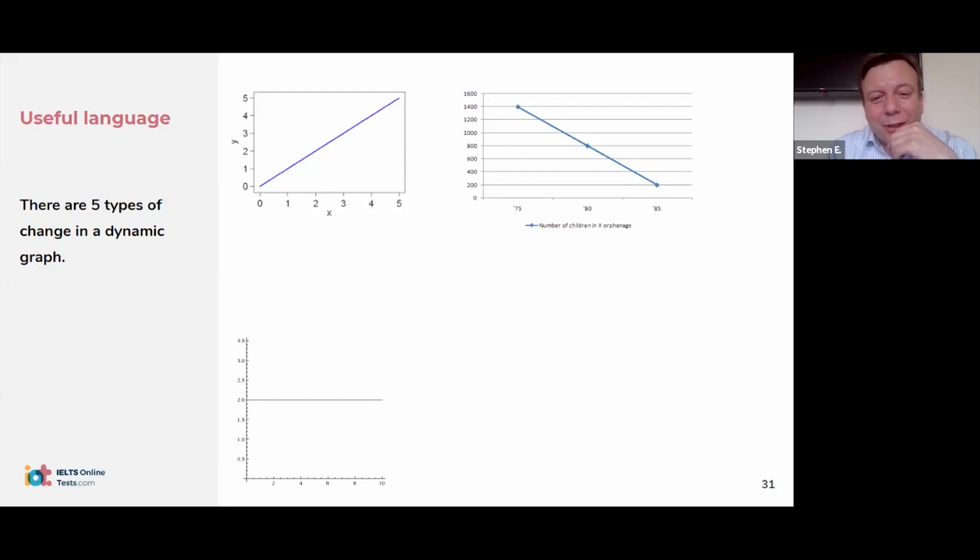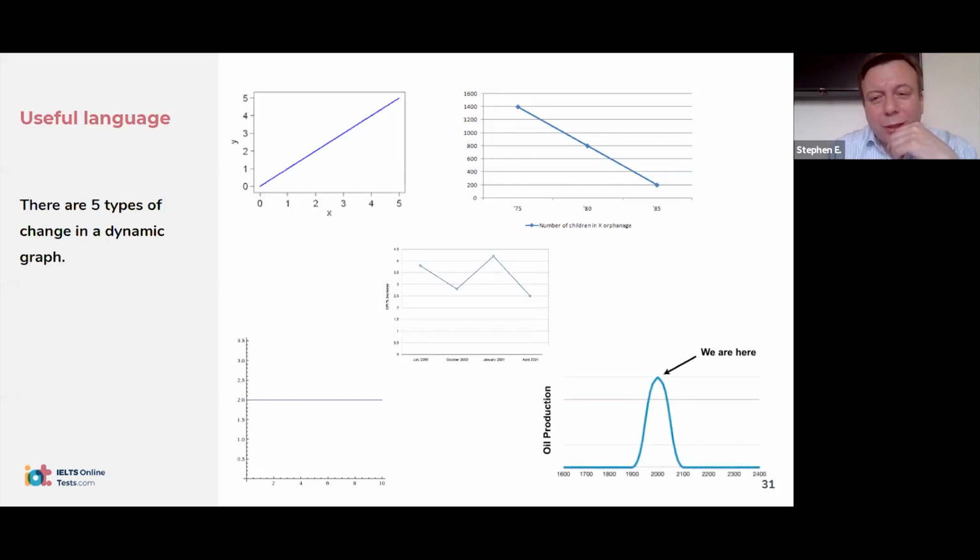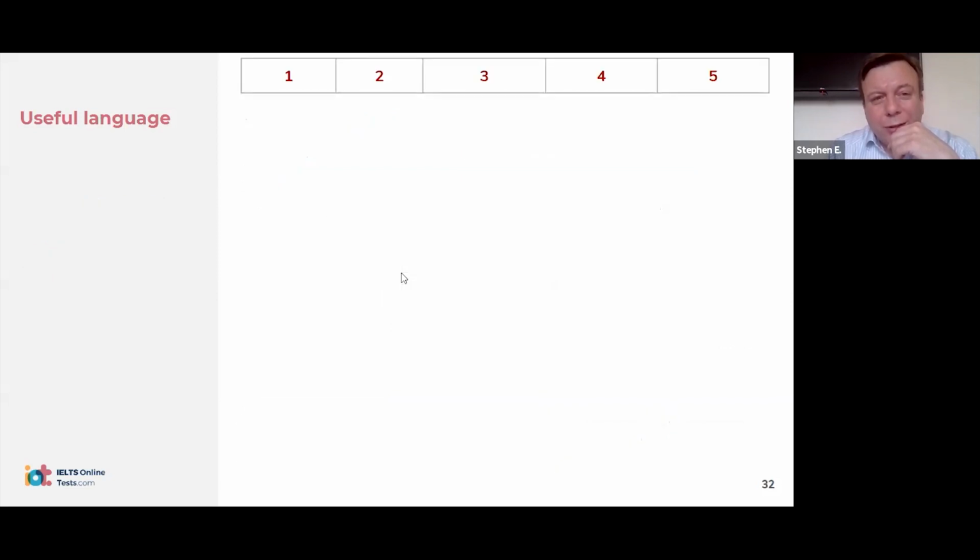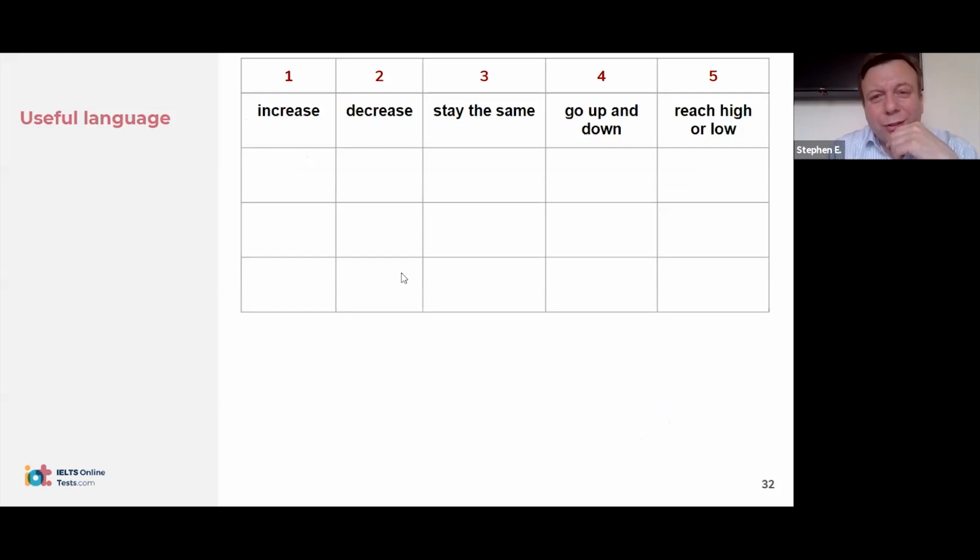Okay, stable, good. This one always confuses people. Fluctuating, fluctuate. Yeah, okay, good. And then the last one, what do we got? Yeah, okay, good. Peak, very good. So useful language. So we've got increase, decrease, stay the same, go up and down, and reach a high.